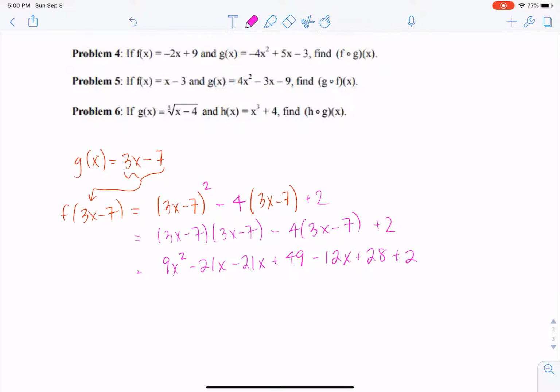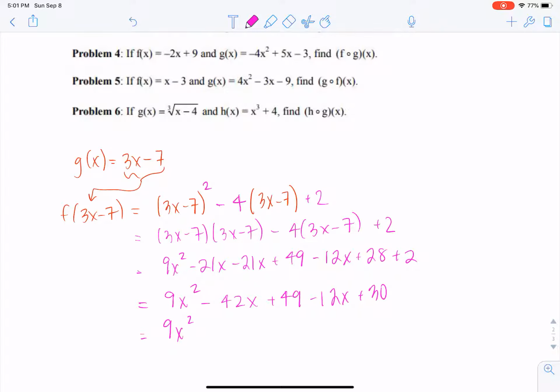So if we keep going here, 9x squared, this will give me minus 42x, plus 49 minus 12x plus 30. I have two pairs of like terms to combine.